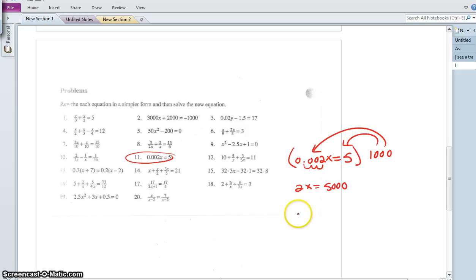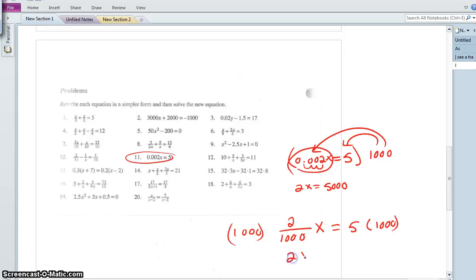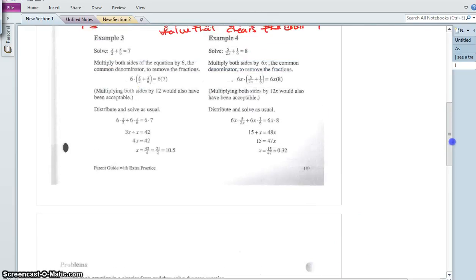Or I can do that by rewriting the term 2 thousandths x as 2 thousandths x, and multiplying both sides of the equation by 1,000. The result is the same. 2x equals 5,000 is a much easier equation to solve than this one. But because we're using the multiplication property of equality in either case, this will not change the value of x.